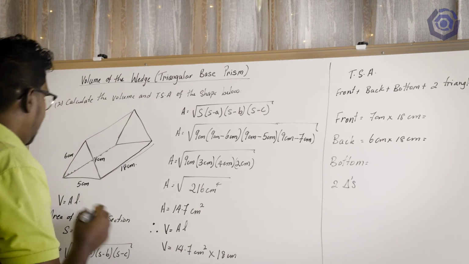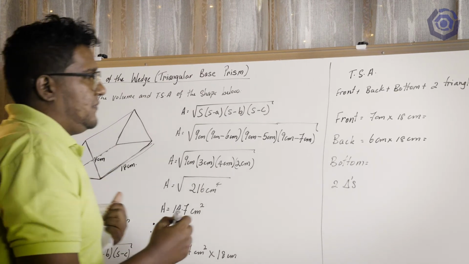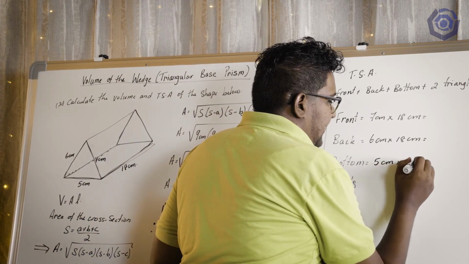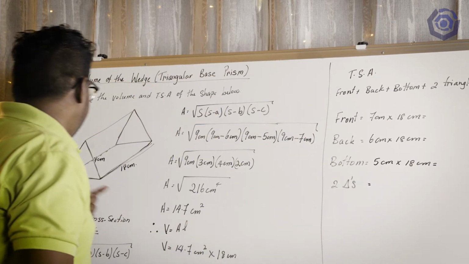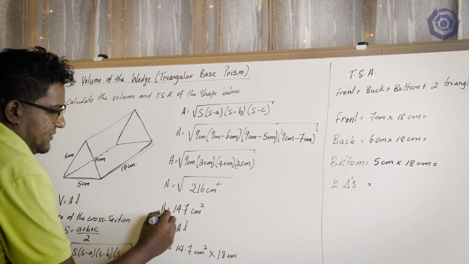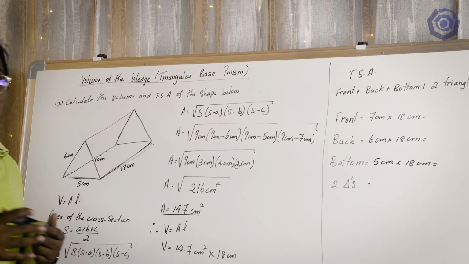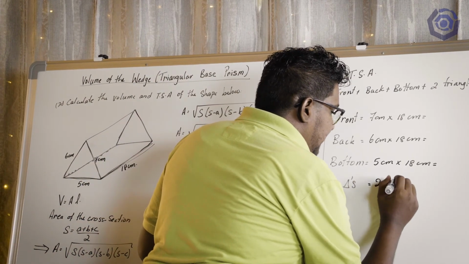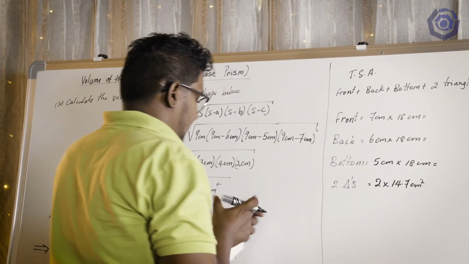And the bottom is going to be 5 cm multiplied by 18 cm. The 2 triangles, we found that the area of the triangle is 14.7 cm squared. So we're just going to use it from here instead of doing it all over again. So this is going to be 2 multiplied by 14.7 cm squared.